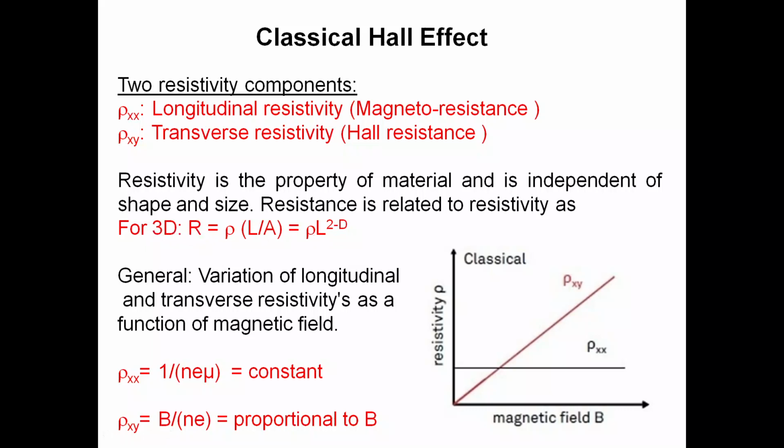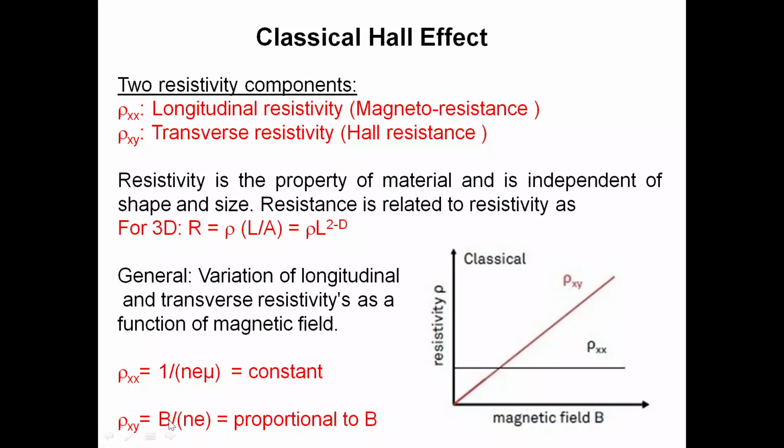Why I am discussing the resistance and resistivity for 2 dimensions, you will understand in the next slide. Okay, so one more thing about the transverse resistivity. As I had discussed in the first slide, the transverse resistivity is nothing but Hall coefficient multiplied by magnetic field.